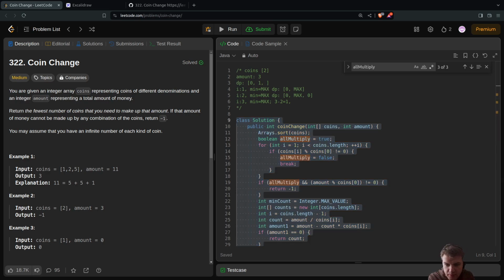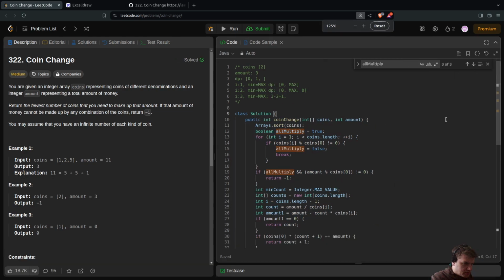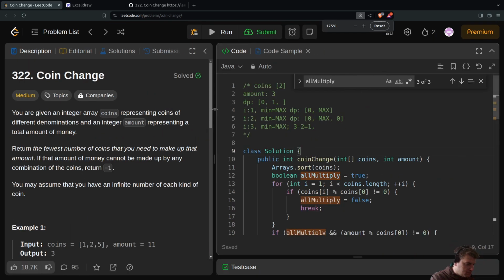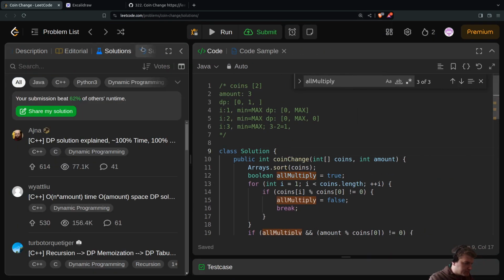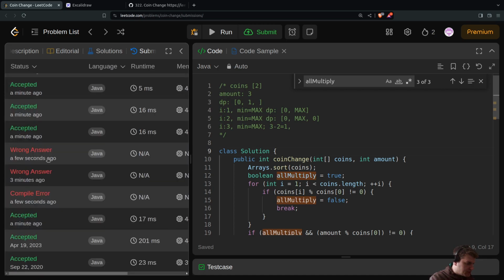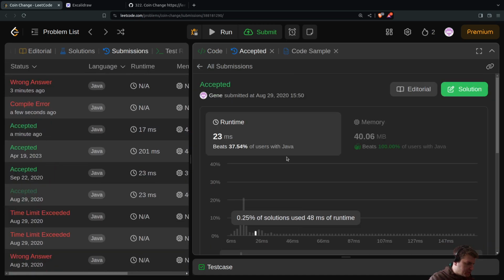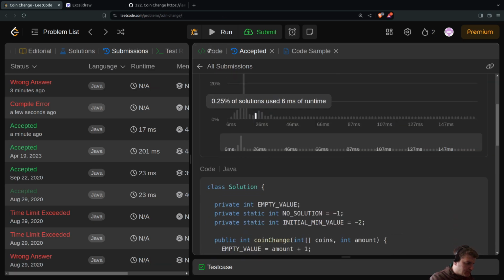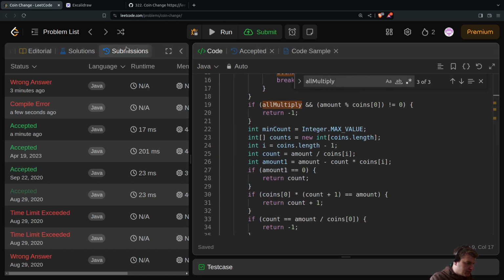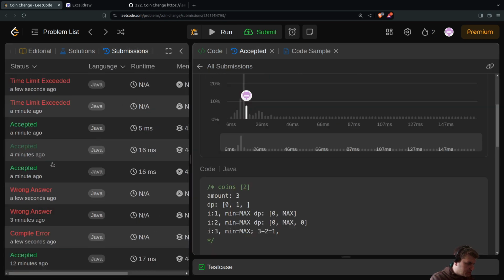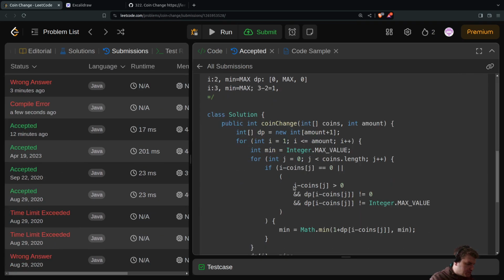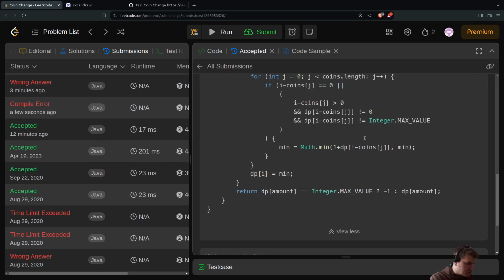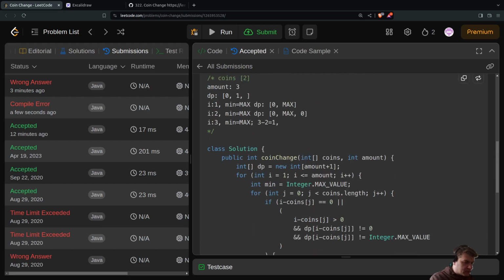I made a few mistakes in this algorithm, so it's going to fail again. But you see that almost 3 years ago, I was solving it with pretty verbose code, and now it's much more efficient, I would say. Yeah, that's it.